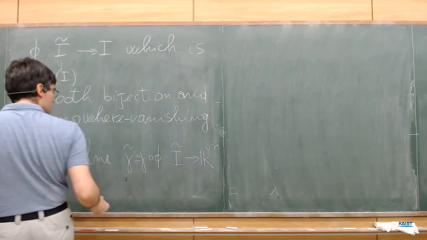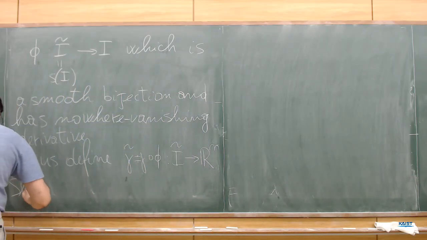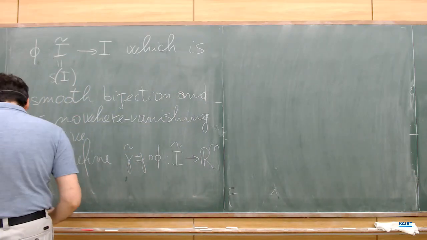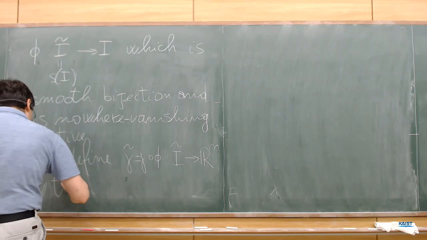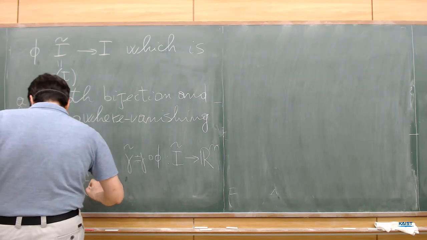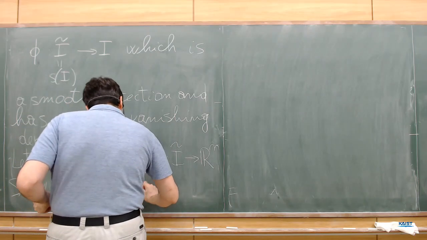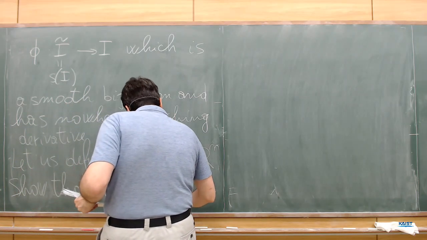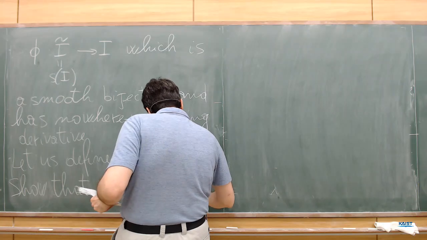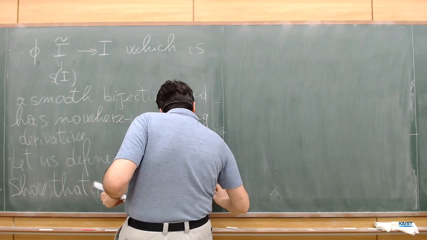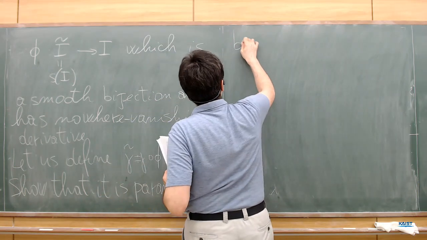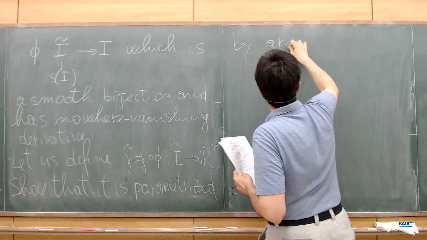So we have to prove that it is parameterized by arc length.